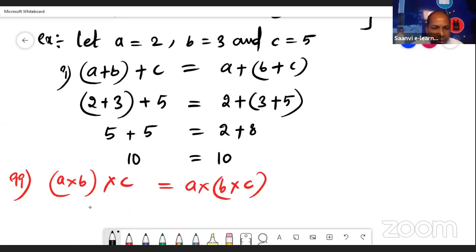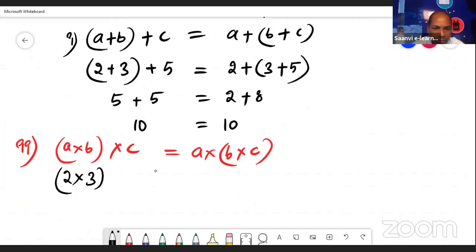See here, A value we have taken as 2 and B value we have taken 3. So in the place of a, b, c you put their values. Okay. Now into C, the value we have taken is 5. So in the place of c write 5, and here also A value is 2 into B value is 3 into C value is 5.